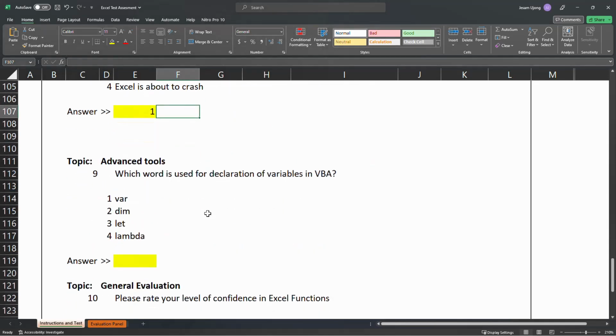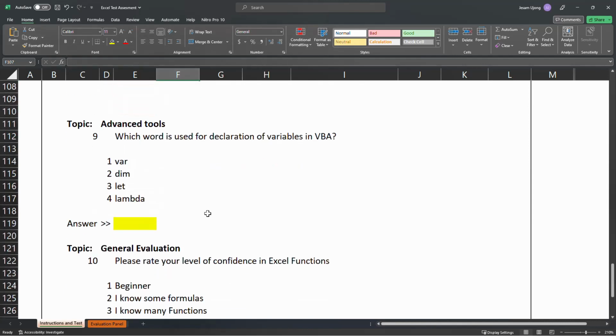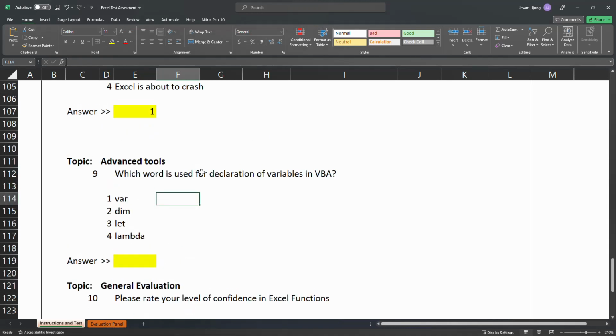Okay. That's good. Now, this other one is advanced. I don't expect you to answer, but let's try it out. This is an aspect of Excel called VBA, and you're talking of macros, and it's not in the scope of this learning.